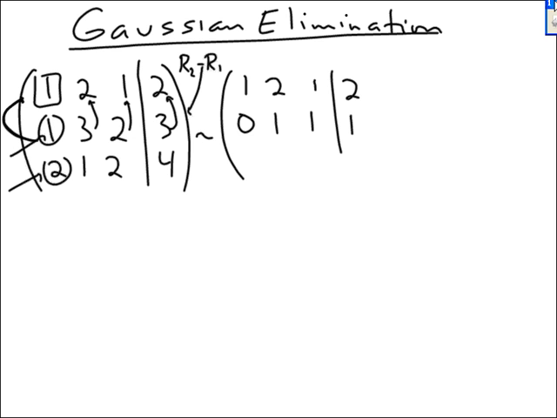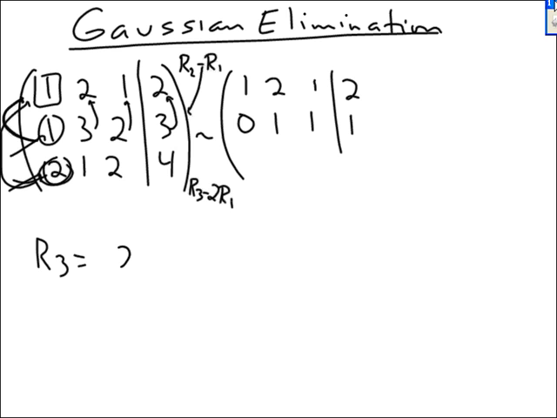Now I need to get that 2 in the first column to become 0. Well, if I have 2 right here, and I take away 2 1s, I'll get 0. I'm going to do row 3, take away 2 row 1s. Let's write it out.